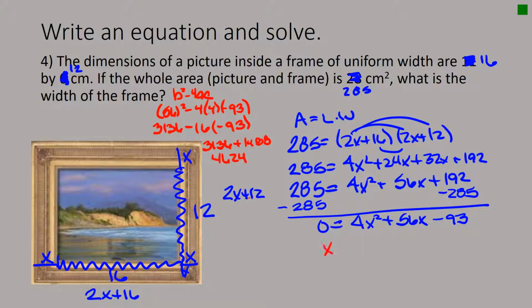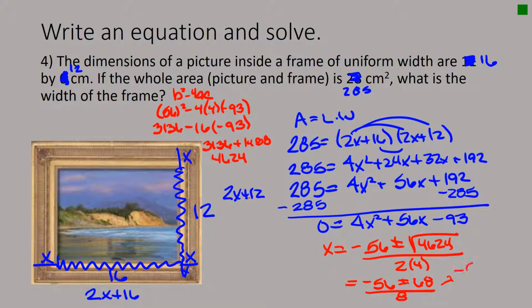So we go, x equals negative 56 plus or minus the square root of 4,624 all over 2 times 4. The square root of 4,624 is 68, and 2 times 4 is 8.